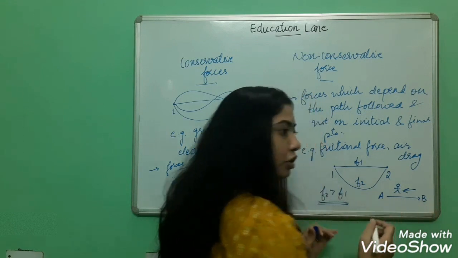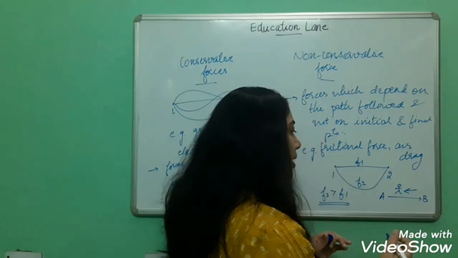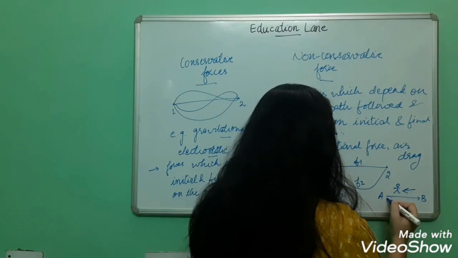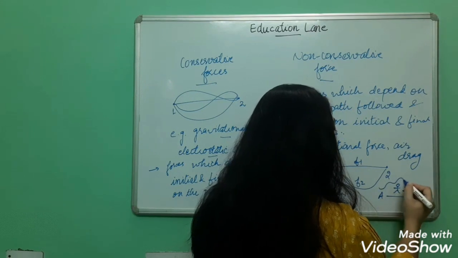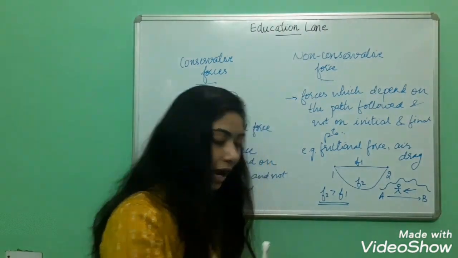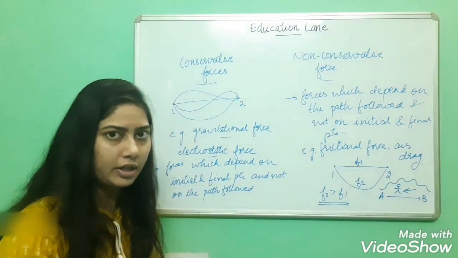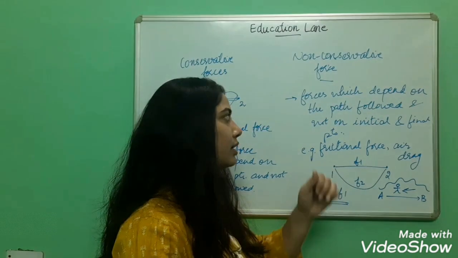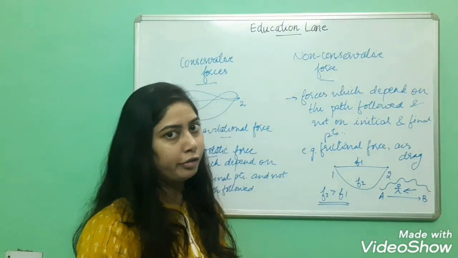If the path is shortest, air drag will be less. But if you take this longer path, air drag will be more for you. So air drag and frictional force, you can think of other examples as well. So these are examples of non-conservative forces.